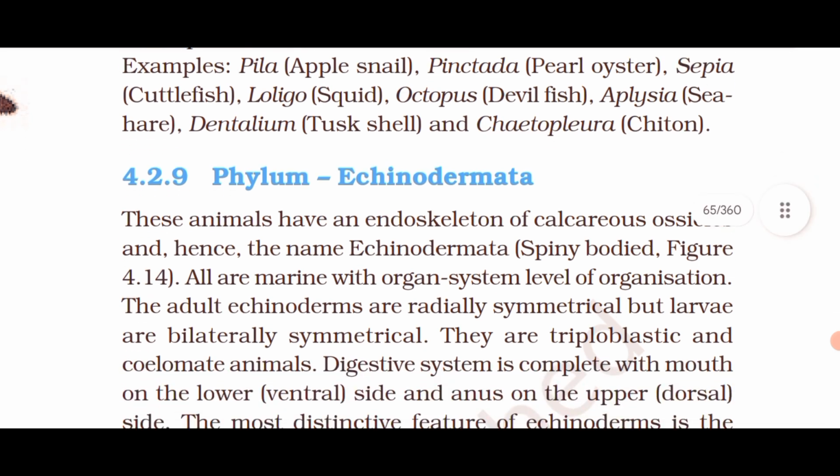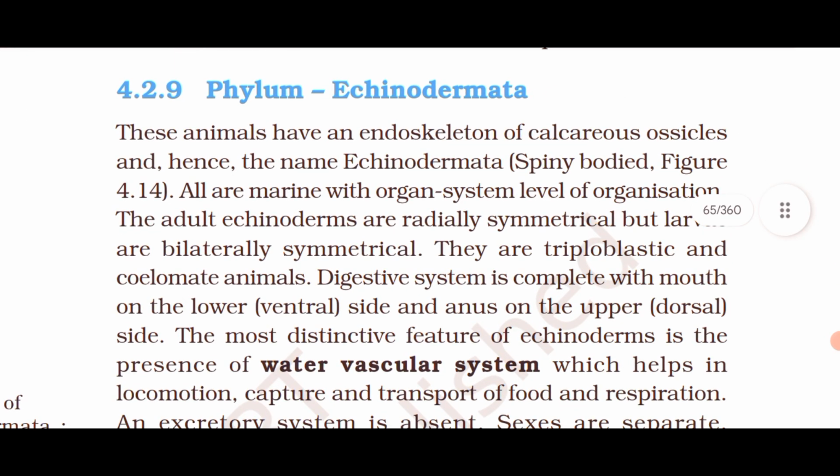4.2.9 Phylum Echinodermata. These animals have an endoskeleton of calcareous ossicles and hence the name Echinodermata, spiny bodied. All are marine with organ system level of organization. The adult echinoderms are radially symmetrical but larvae are bilaterally symmetrical. They are triploblastic and coelomate animals.